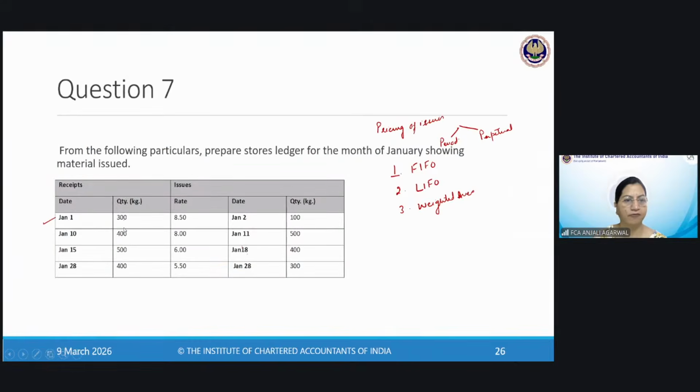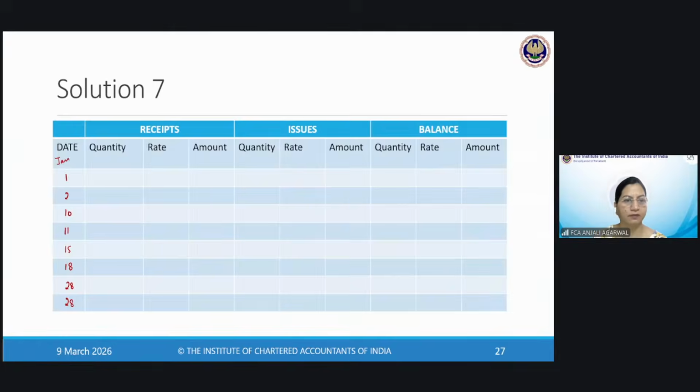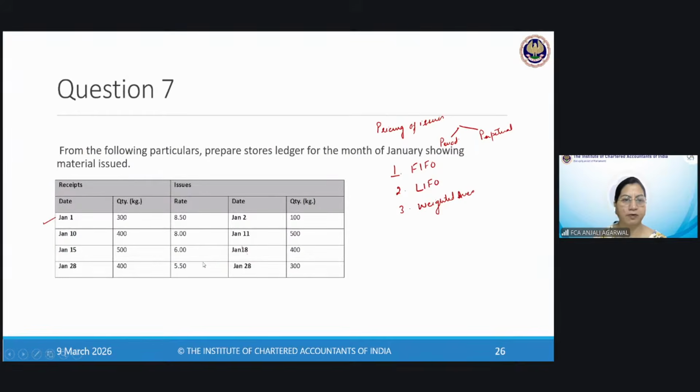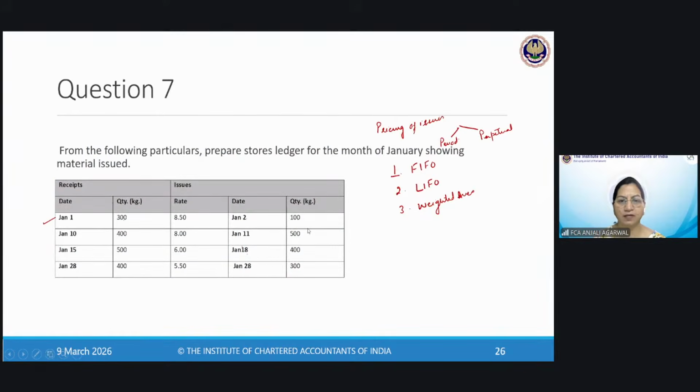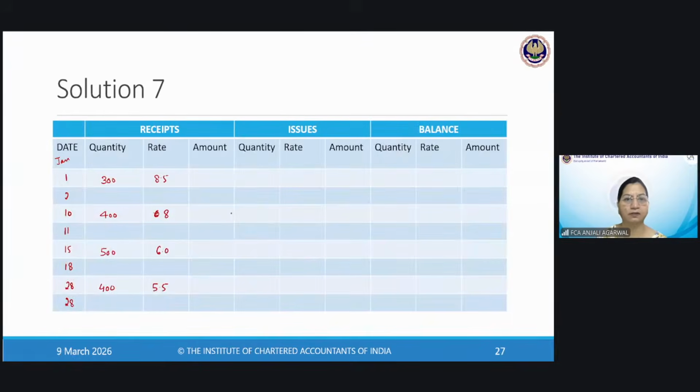Receipts: 300, 400, 500, and 400. Price is 8.5, 8, 6, and 5.5. Issues are 100, 500, 400, 300.